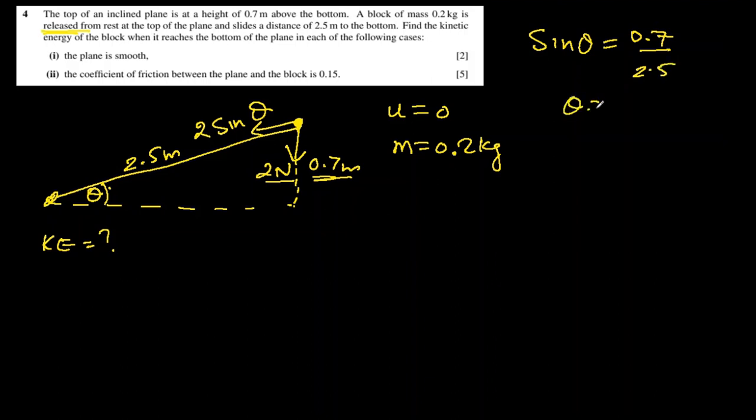So theta will be sine inverse of 0.7 divided by 2.5, which is 16.3 degrees.